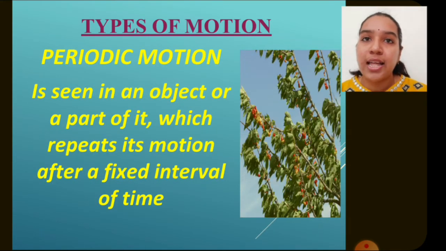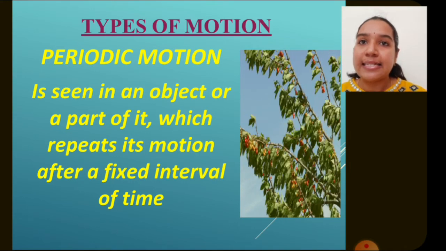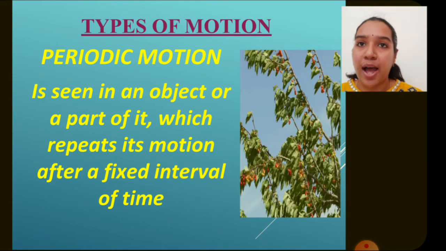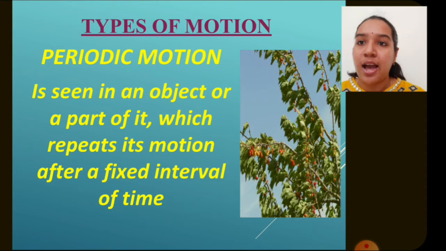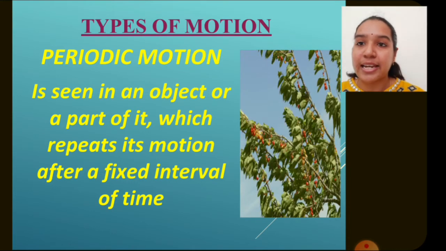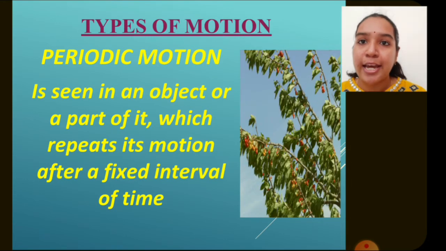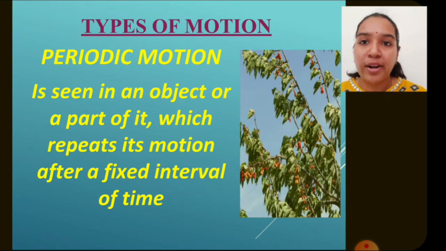So children, the definition of periodic motion is, it is the type of motion seen in an object or a part of it which repeats its motion after a fixed interval of time. Here in the image you can see, due to the wind, the branches of a tree are moving to and fro.